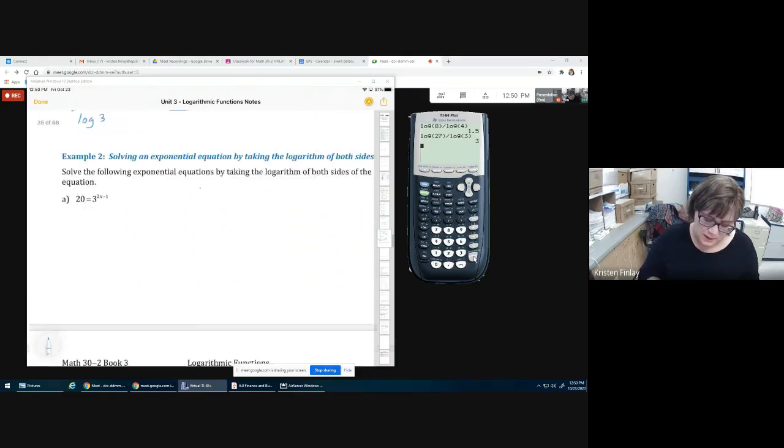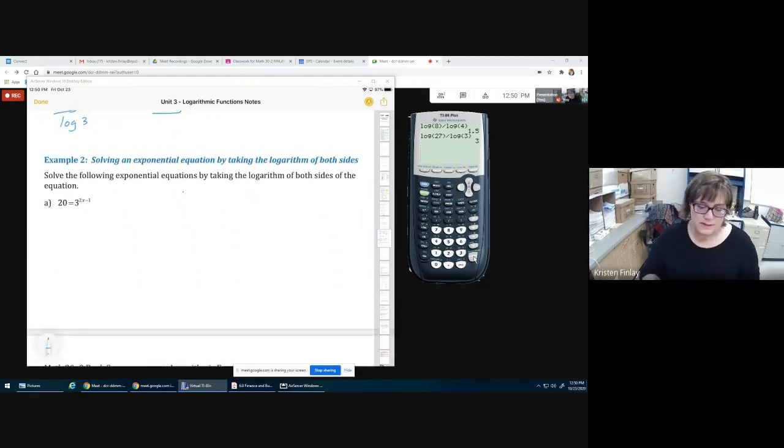Let's do another example, and maybe this one I will do by logging both sides. So by logging both sides, I'll get log 20 is equal to log 3^(2x-1). And then I apply my log laws. I'll get log 20 is equal to (2x minus 1) times log 3.